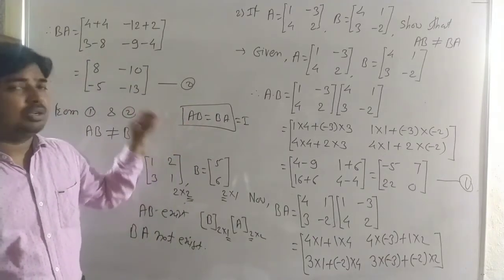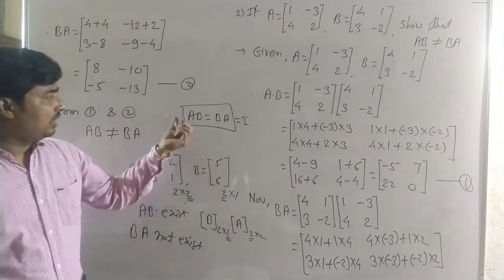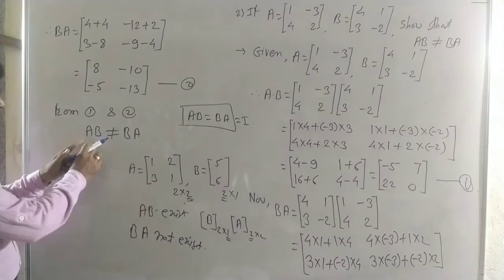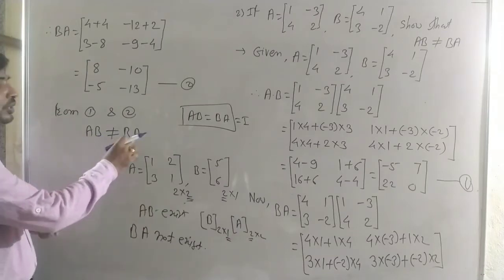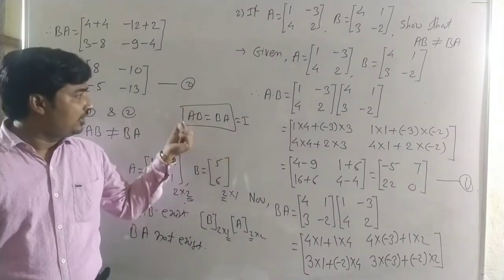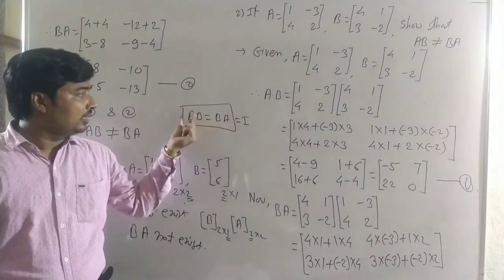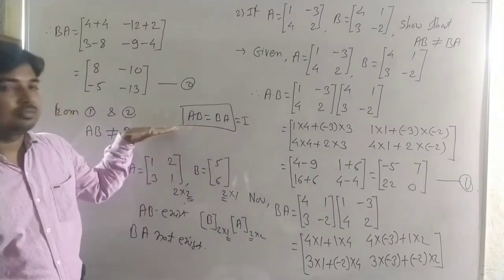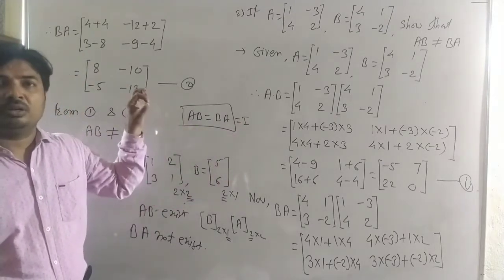There are some cases where A into B is equal to B into A, but in general A into B is not equal to B into A. This is the condition for the inverse of a matrix: A into B is equal to B into A, and the product of these two matrices is I. Here it's called the inverse of the matrices.